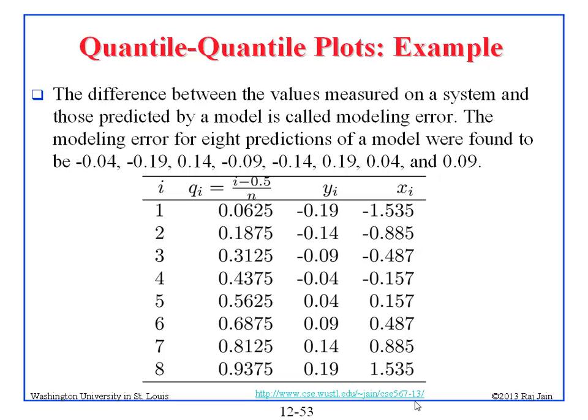Why 0.5? Why divide by half? Basically, there is something which we haven't measured, something between 0 and 1. We know the first value, but we don't know what the 0th value is. Similarly, there is the 8th value, but we don't know what the 9th value is.